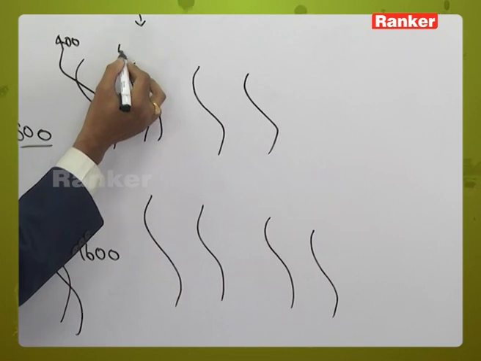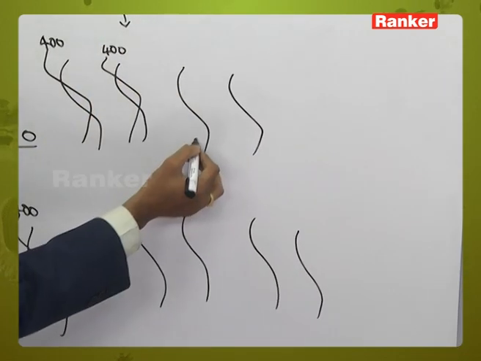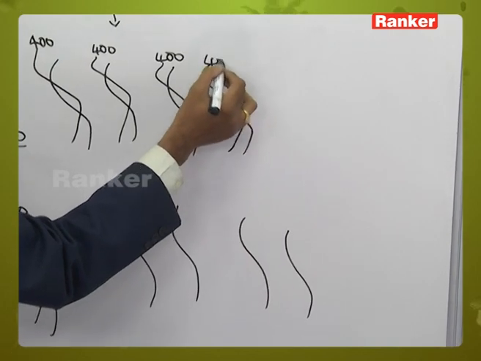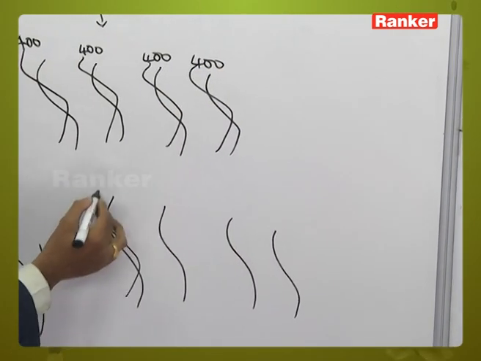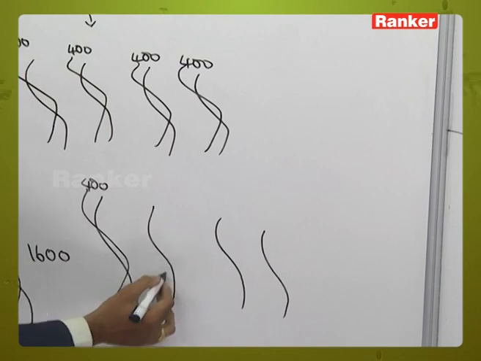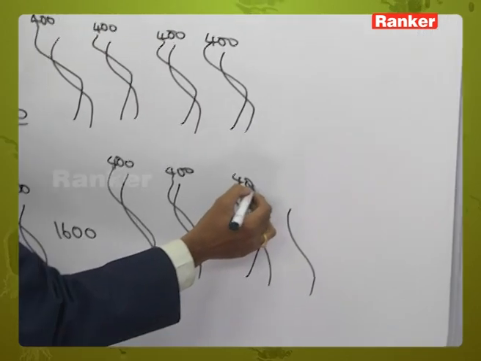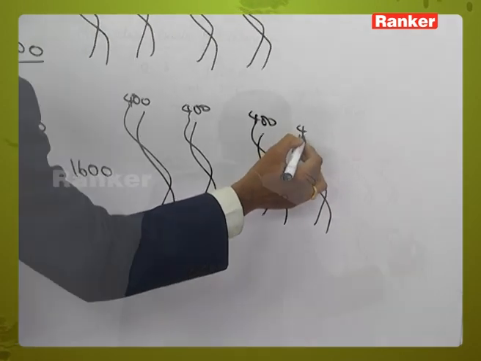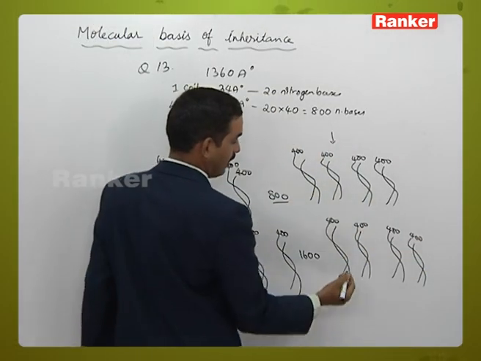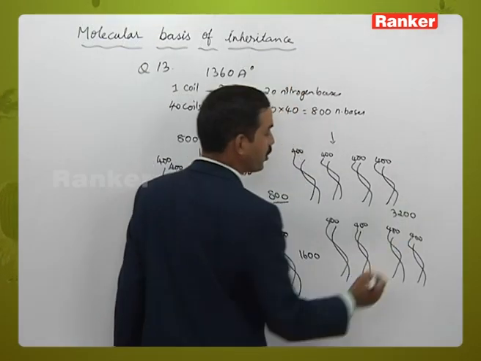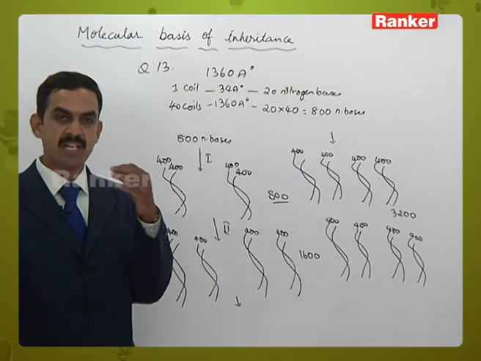This also synthesizes a new strand taking 400 ribonucleotides. The same way for all the 4, so every time they take 400 ribonucleotides when they are undergoing duplication. So in the third generation a total of 3200 ribonucleotides are taken from the medium.